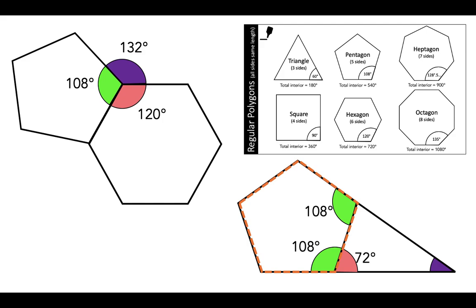So that needs to be 72. Similarly, this angle here, for the same reason, also needs to be 72. So we can use an empty number line to find the purple angle by doing 72, add 72, which makes 144, and then figuring out what we need to add on to that to make 180. So that would need to be 36.